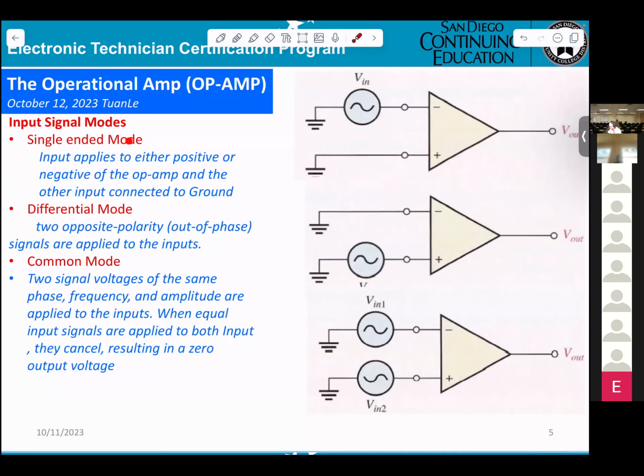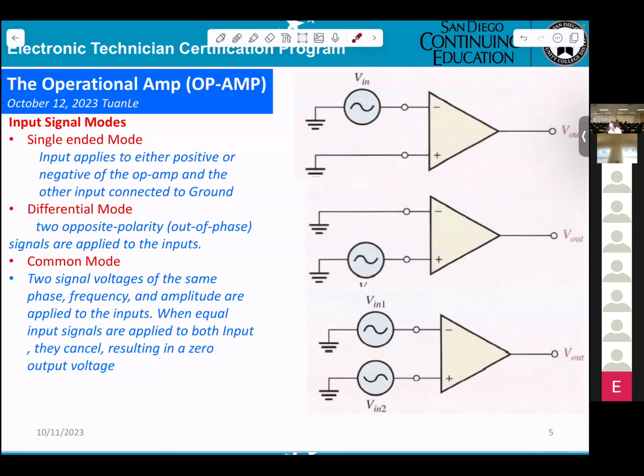Single-ended mode: input applied to either the positive or negative of the op-amp, and the other input connected to the ground. That's what they call single-ended mode. You apply one input, the other input ground, either positive or negative. Okay?